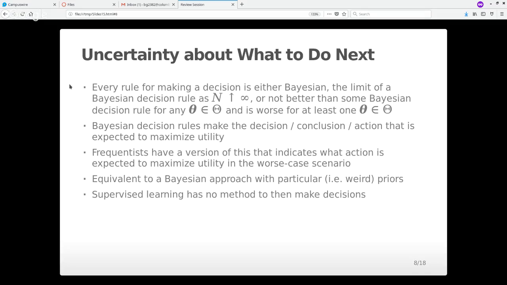But one of the things that I think is overlooked, because supervised learning approaches are used so much in businesses, in business analytics and stuff like that, is that they don't really have a principled way of making decisions from a supervised learning analysis. It's just like, we predicted, here's the one that gave us the best number of correct classifications or whatever.